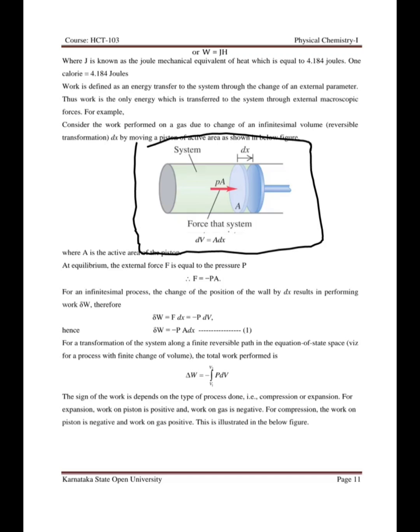These are the different types of systems which we are going to study further. And here work is defined as the energy transfer of a system through a change of external parameters.